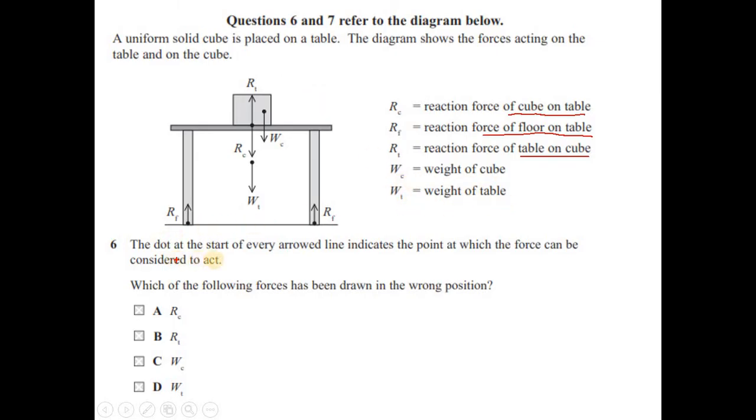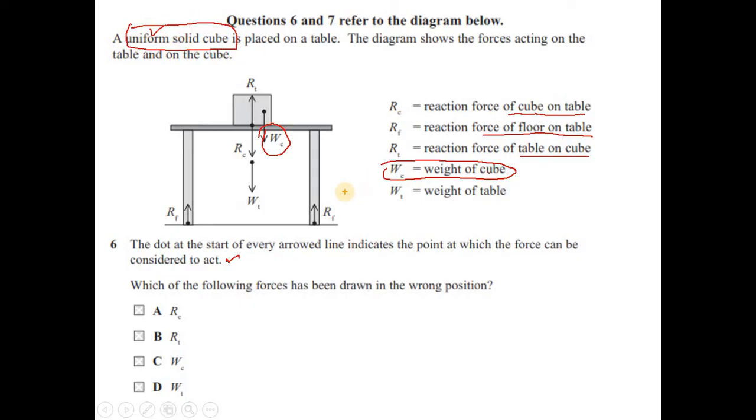The dot at the start of every arrowed line indicates the point at which the force can be considered to act. Which of the following forces has been drawn in the wrong position? We need to find which force is drawn wrongly. Clearly it is WC, because WC is the weight of the cube, and the cube is a uniform solid cube.